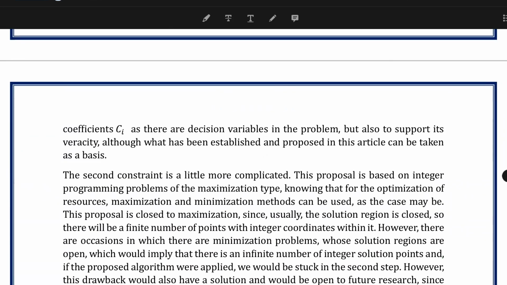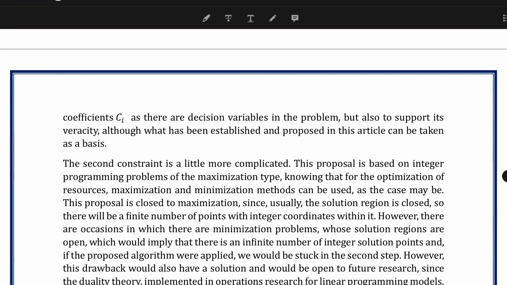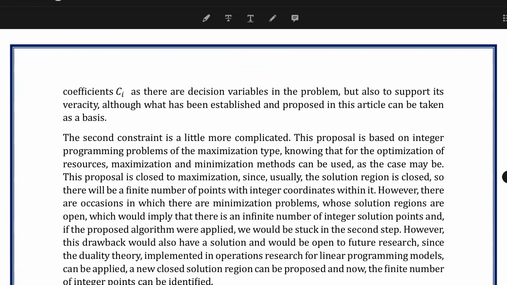The second is that this proposed formula is only applied for maximum optimization, not for minimum optimization. But if you remember the dual theory of optimization problems, we can use it to apply our proposed formula and find the solution in this way.